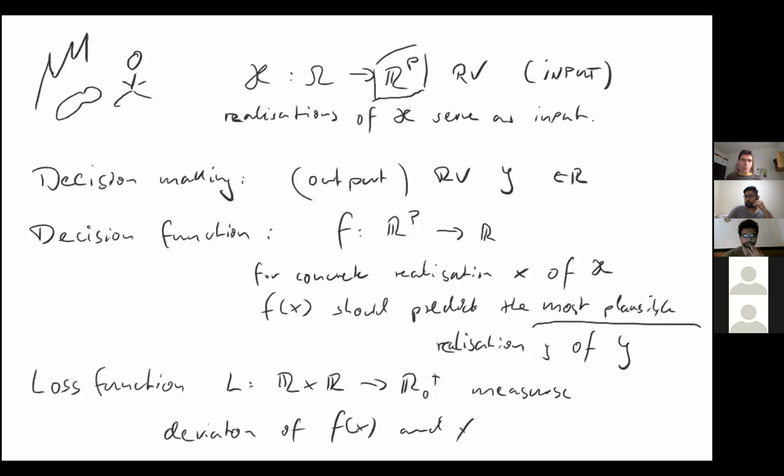Last time we talked about the squared loss function, for example. There are others, and the smaller this function is, the better it is. If I look at the distribution of this y and f of x and plug that in, then this is a real random variable, because I have two random variables as input.